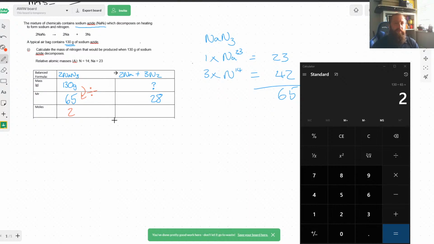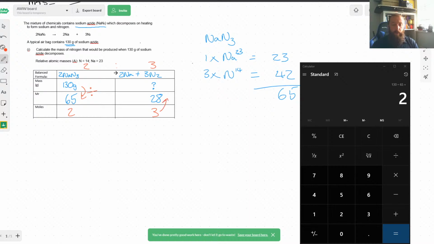Now, this is the thing where people would often lose marks for the final bit. To start with, we're probably going to have at least 2 marks for this question just on what we've done. Now, if you notice, my ratio is 2 to 3. That means for 2 molecules here, I'm going to have 3 molecules on this side. They've made the maths nice and easy already for this, but they won't always do that.